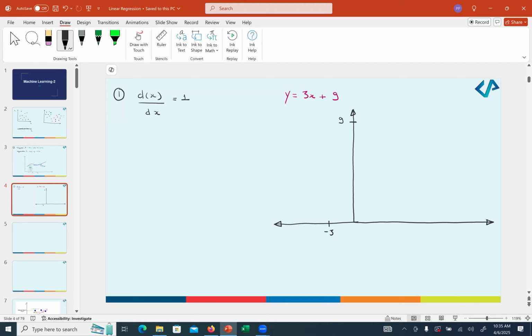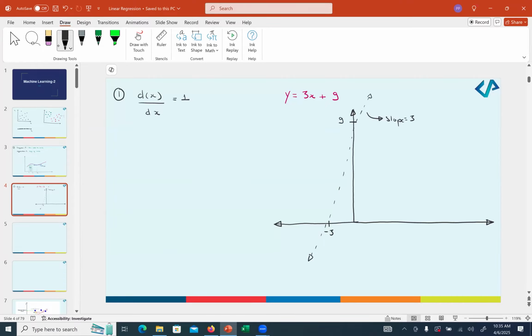Then this will be our line. It was not as straight as I was planning to make it. So this is our line, and the slope of the line is equal to 3, right?